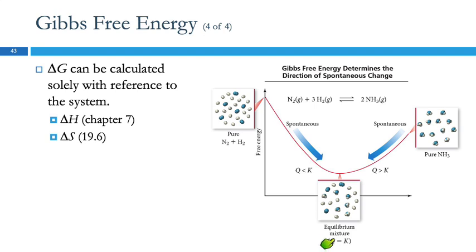So if Q is equal to K, the system is at equilibrium and it's not changing. If Q is less than K, that means that the change in free energy is going to be negative, and that's a spontaneous reaction towards the products. On the opposite side, this would be a spontaneous change towards the reactants. Again, a decrease in Gibbs free energy.